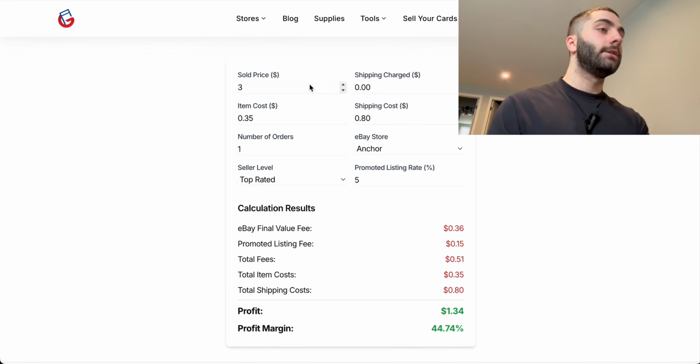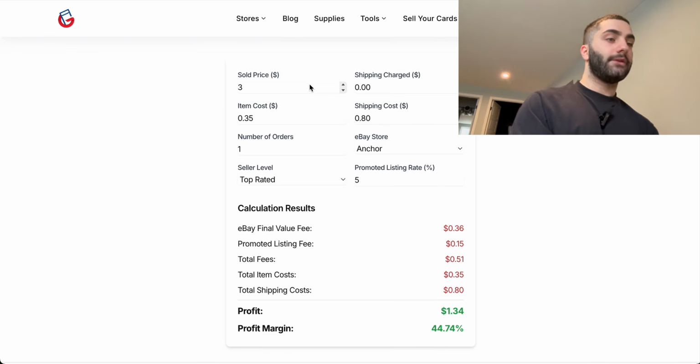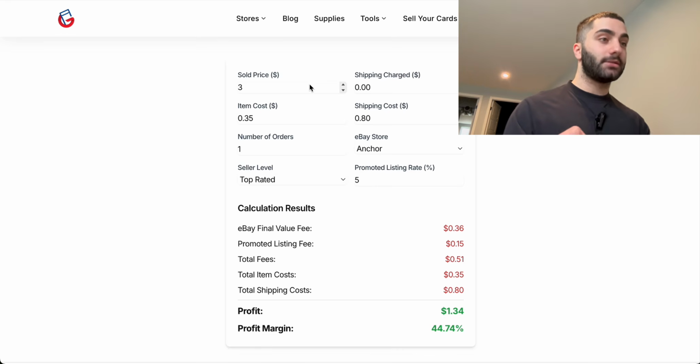Like the other day, I had someone go through my store and they bought like 25 Slowpoke and Slowbro cards, all different sets, different variations. All of them were common, uncommons, reverse holos, very basic, cheap cards, and they spent $3 on each of them.